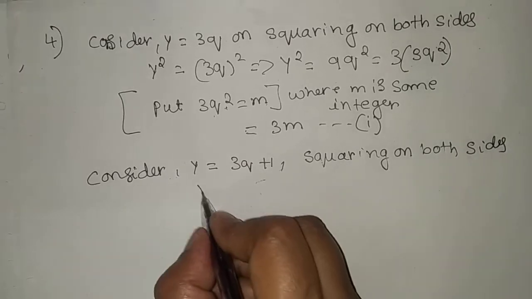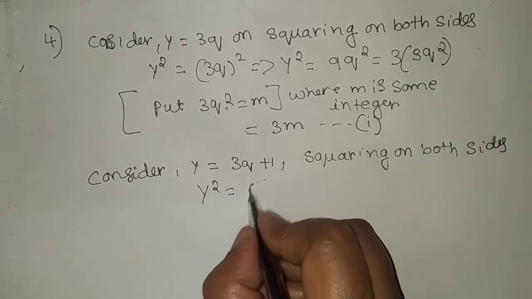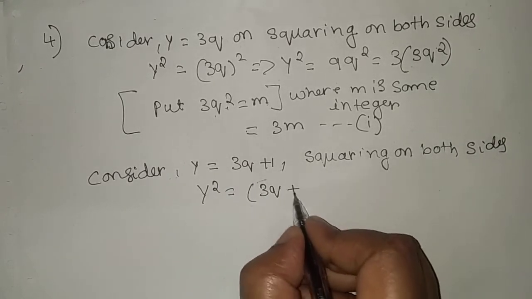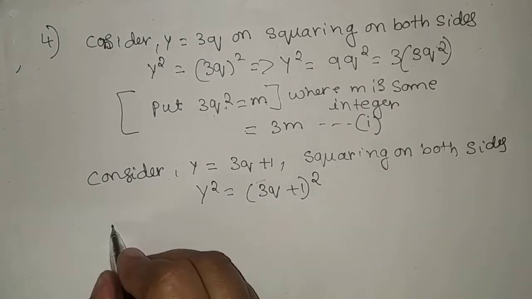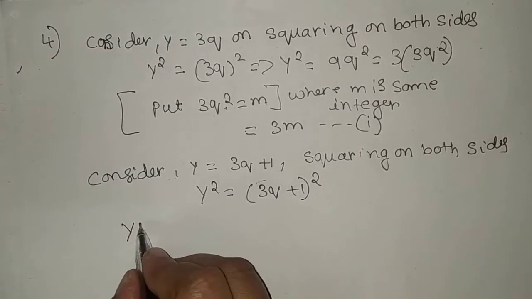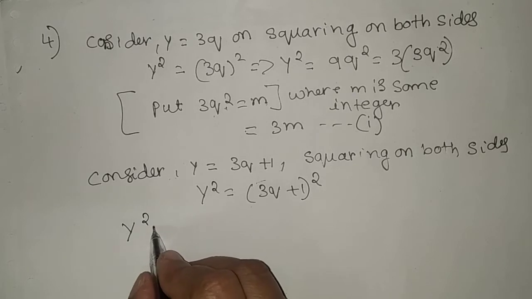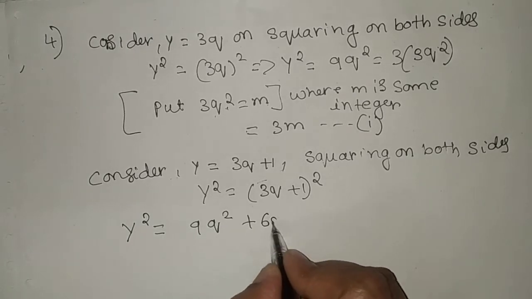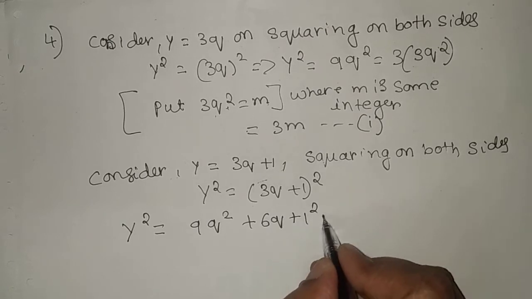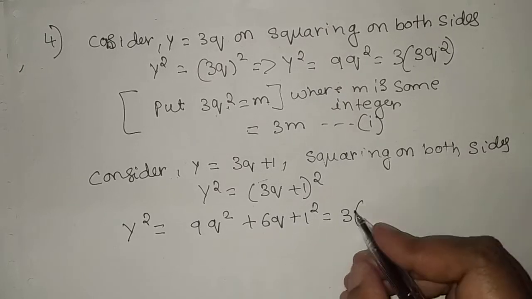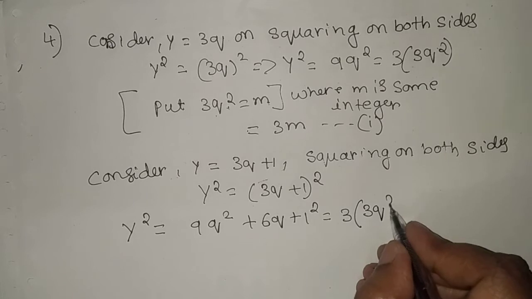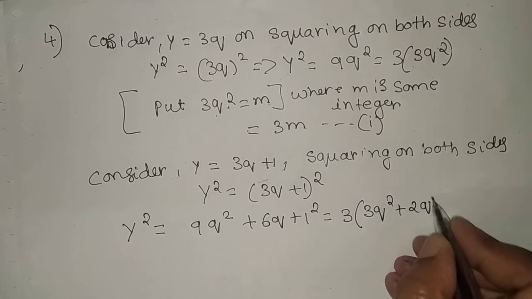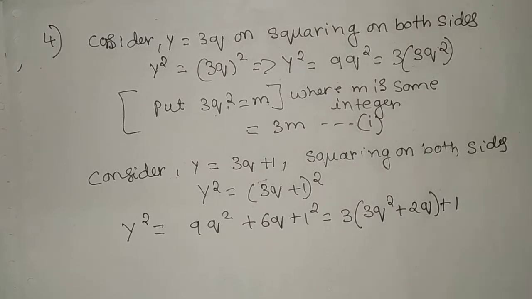Squaring on both sides, that is y square is equal to (3q plus 1) square. Now apply (a plus b) whole square. So 9q square plus 6q plus 1 is equal to 3 common outside, 3 into (3q square plus 2q) plus 1.